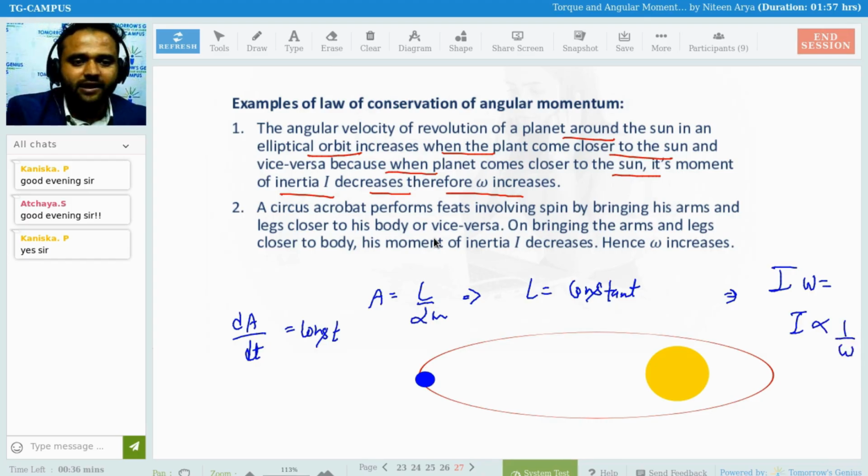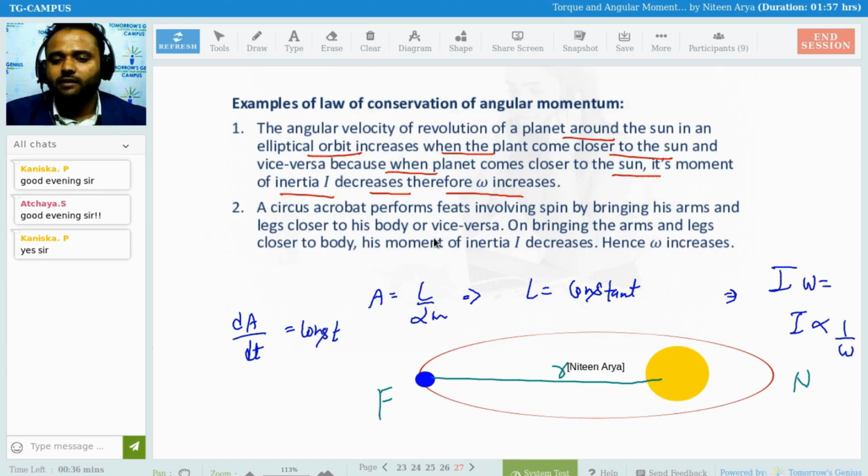So it is directly seen that this is the farthest point, and that is the nearest point. At the farthest point we have R high, high meaning higher. So mr square, I, is going to be very, very high, so omega is going to be less. Clear?